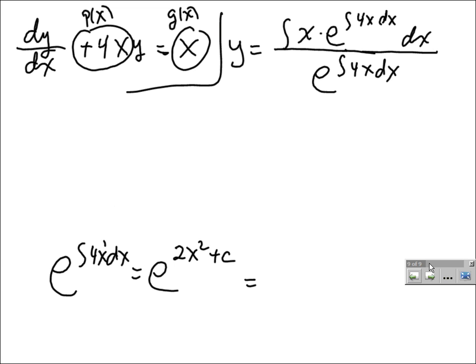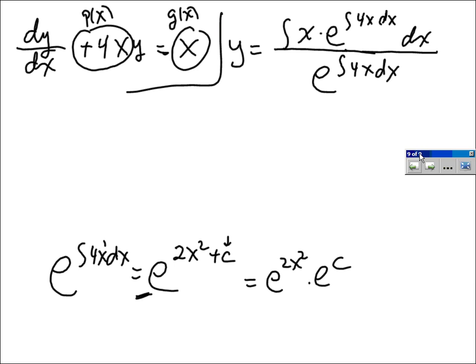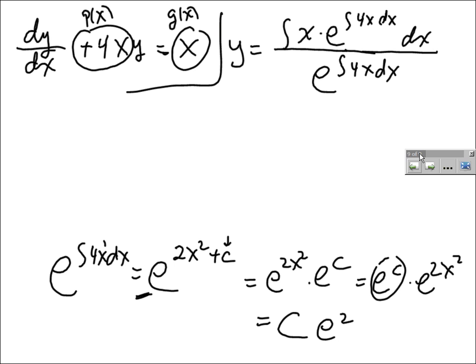But that constant I can just pull out in front here. So this is e to the 2x squared times e to the c. And just to make it real clear, I can say that the multiplication commutes, and that's just the constant. So I get that: c e to the 2x squared.